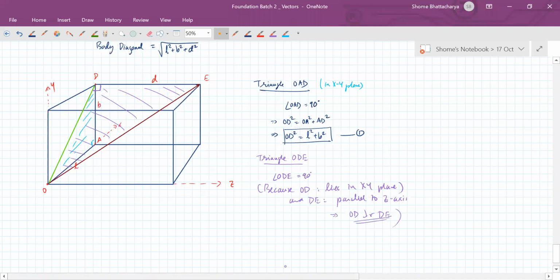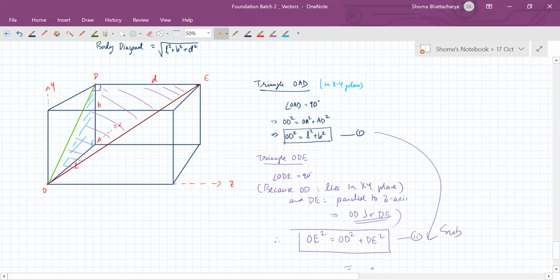Okay, so in this triangle now you can see that OE square will be equal to OD square plus DE square. So this is our second equation. Now substitute the information from the first equation.